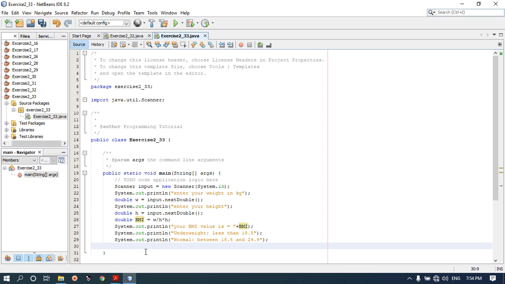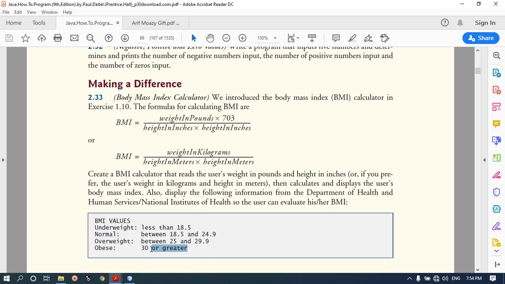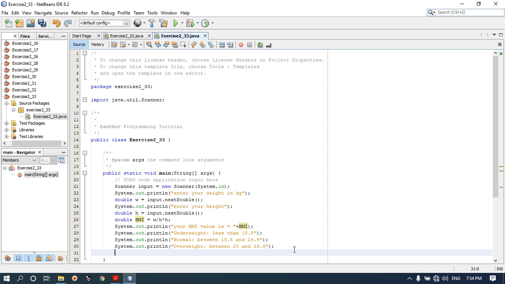Control C. Copy the last one. Control C. Now let's check the output.